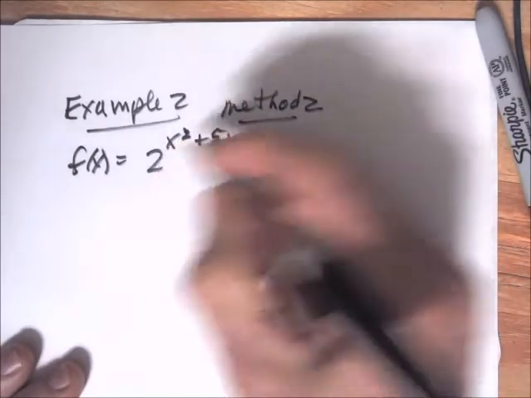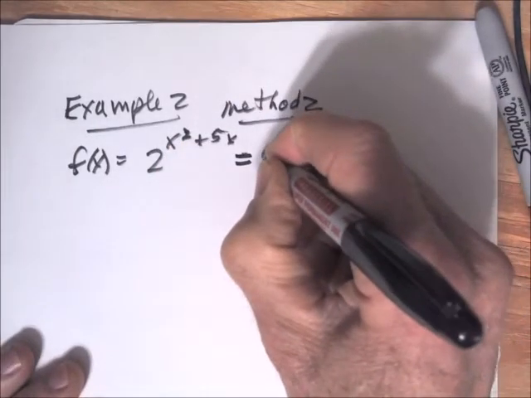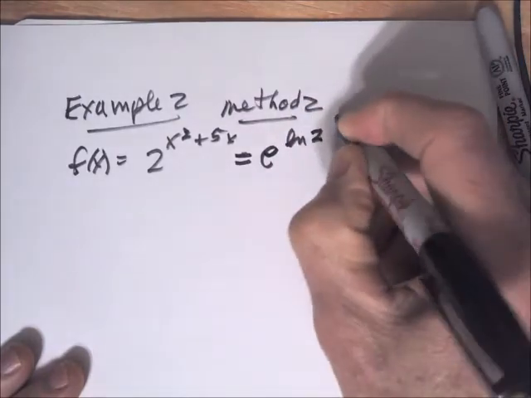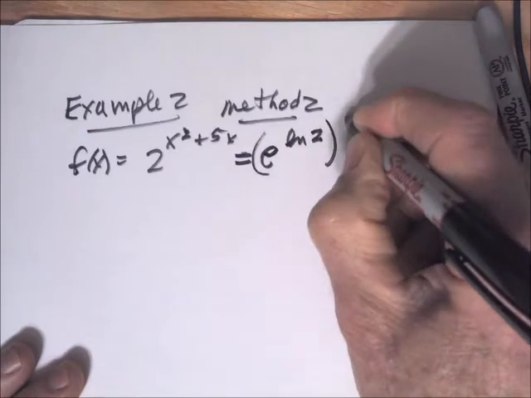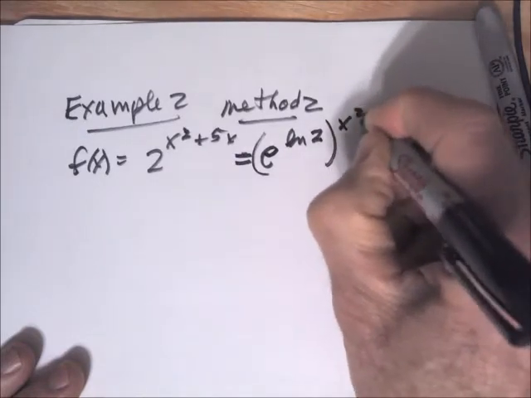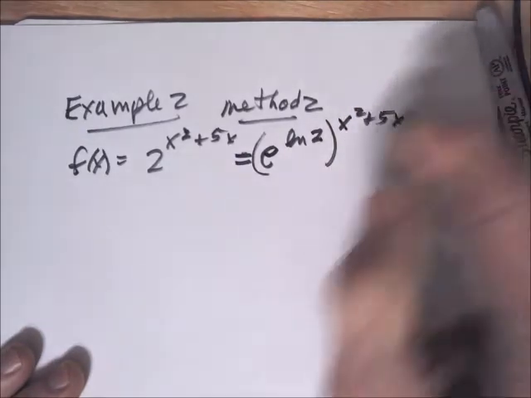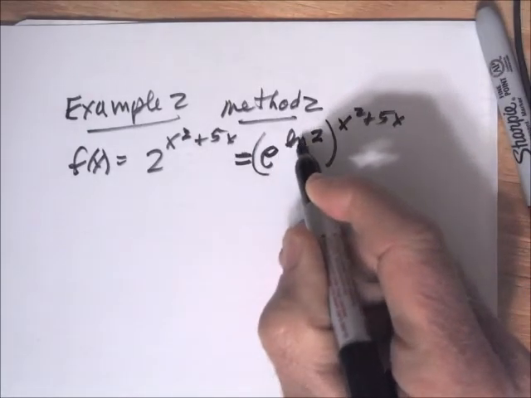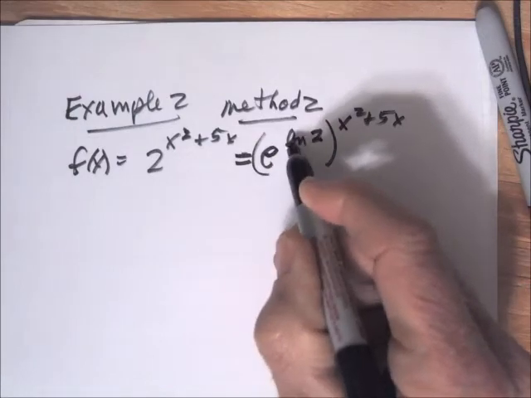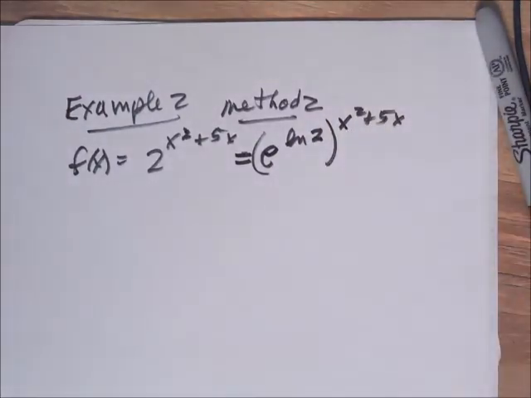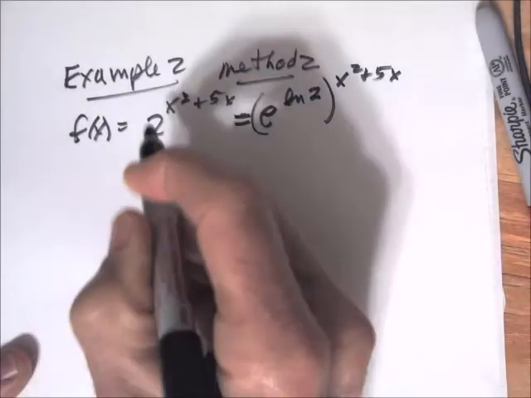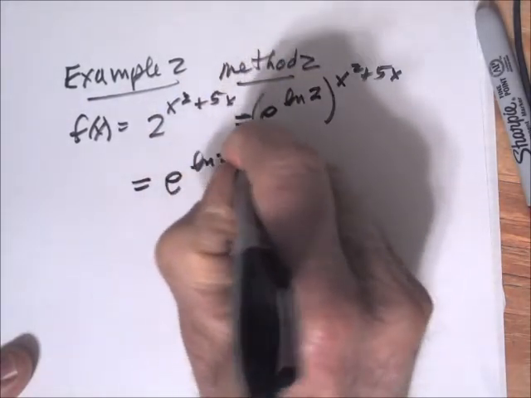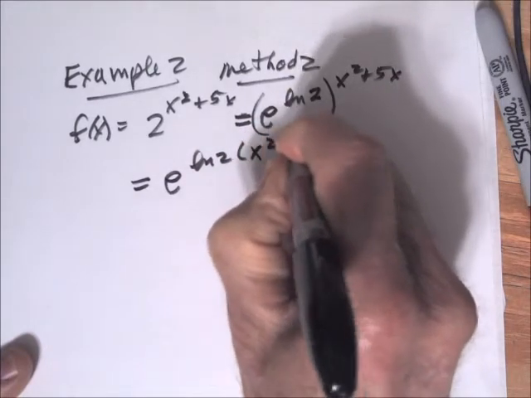So 2 is going to be e to the ln 2, which is the same as 2, and then this is to the x squared plus 5x, because exponential and log are inverse functions of each other, so one cancels out the other. So now we have it in base e. So this is e to the ln 2 times x squared plus 5x.